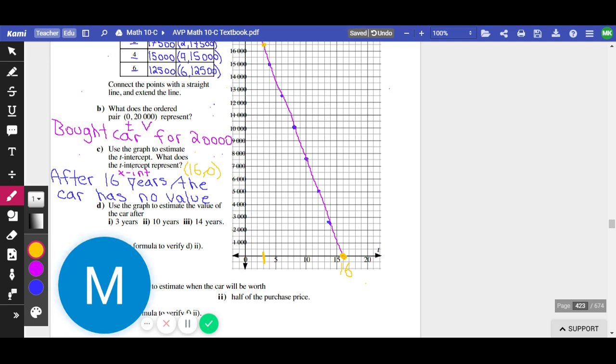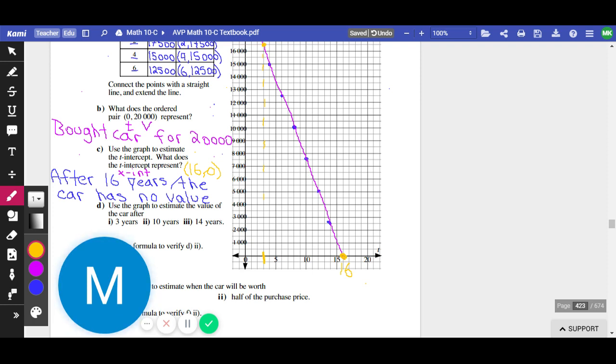Maybe it's a little bit below that perfect marker, right? But I'm going to estimate that at 3 years, the value of the car is 16,500. Give or take. I think if your line's better than mine, it's actually a little bit below the 500. My guess is if you had a perfect line with a ruler, it's probably closer to 16,250. Yeah? So it's just an estimate, right?